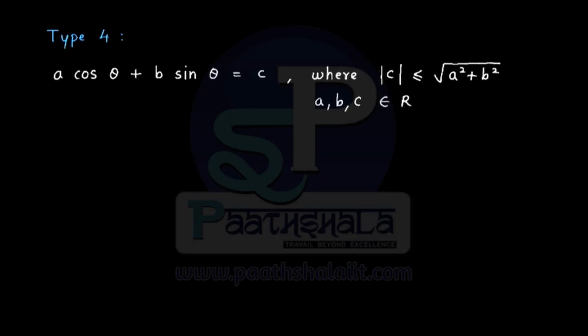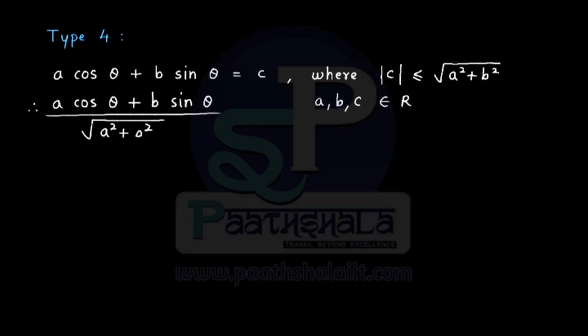Now here what we do is we divide throughout by the particular quantity root of a square plus b square. So let us see what happens when we divide this and why we do that. So on dividing we get a cos theta plus b sin theta whole divided by root of a square plus b square is equal to c upon root of a square plus b square, right?